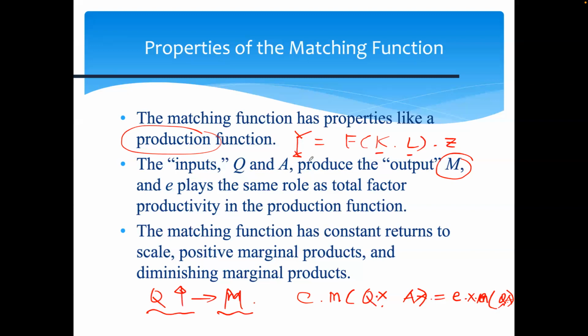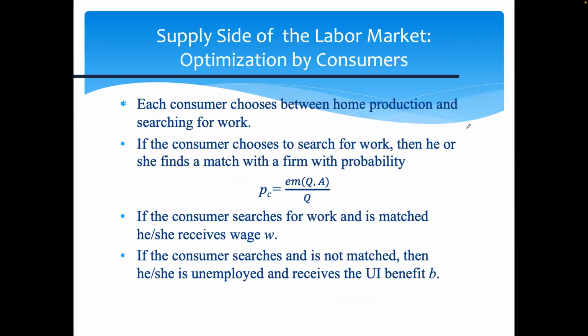The logic is very similar to the diminishing returns to physical capital and labor. You can think about maybe the labor market becoming crowded, right? There's so much information, so many job candidates you need to screen. So the same logic.